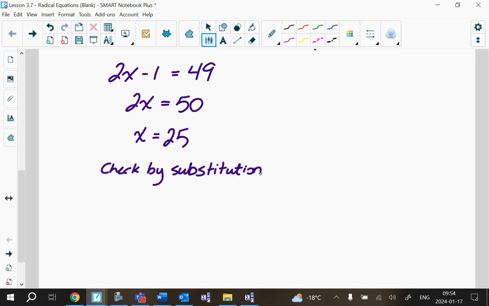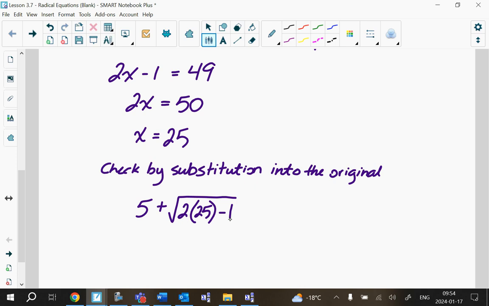And remember, substitute into the original equation. You don't substitute it in here, you substitute it back in the original. So when we plug it back in the original, we're going to get 5 plus square root of 2 times 25, which is the answer we've got, minus 1.